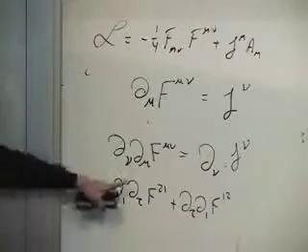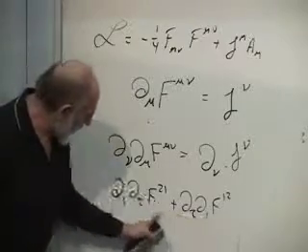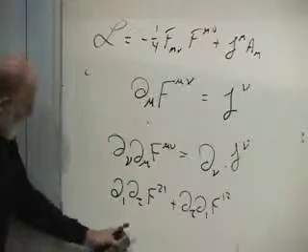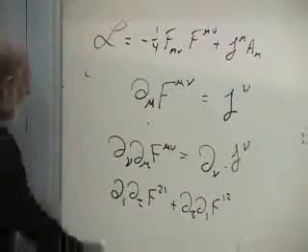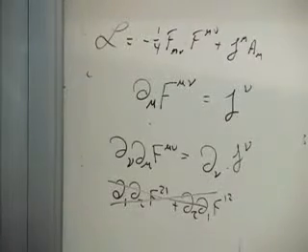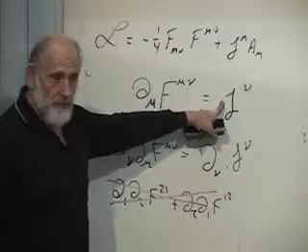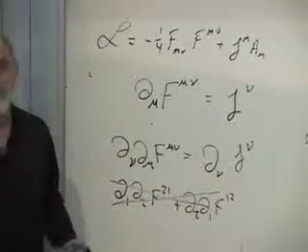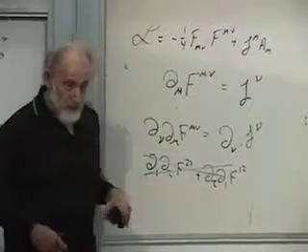These cancel because F12 and F21, the derivatives are the same. Second derivative with respect to 1 and 2, F12 and F21, they cancel. So we would have discovered right here that the equations of motion for F require that J is conserved. We don't really have the option of not allowing it to be conserved. The equations of motion force it to be conserved.